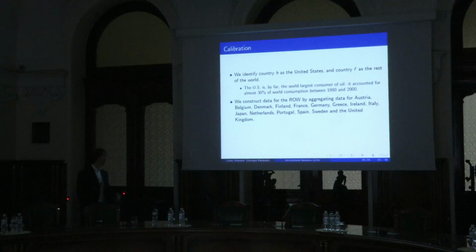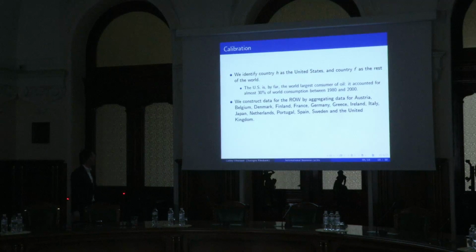And for the rest of the world, the US doesn't have much bilateral trade with any specific country, right? So you could take Canada, but even with Canada, it's not that big. So instead, we construct a rest of the world from all these countries: Austria, Belgium, Denmark, Finland, France, Germany, Greece.